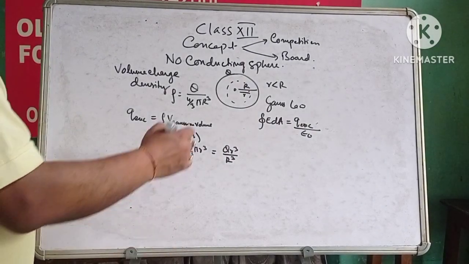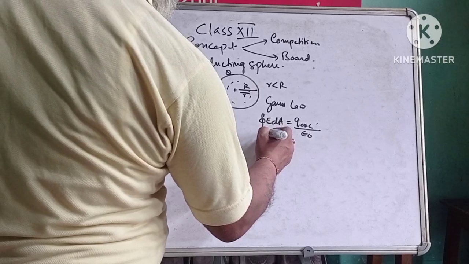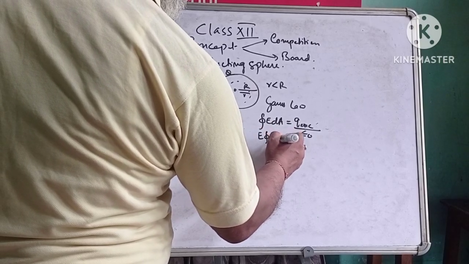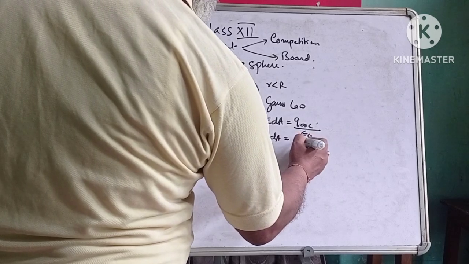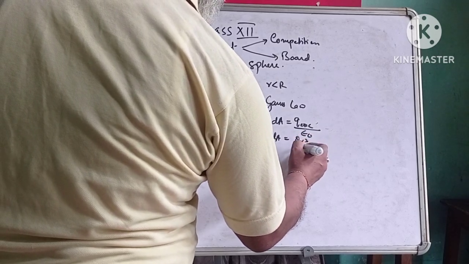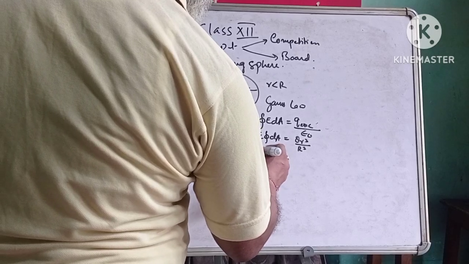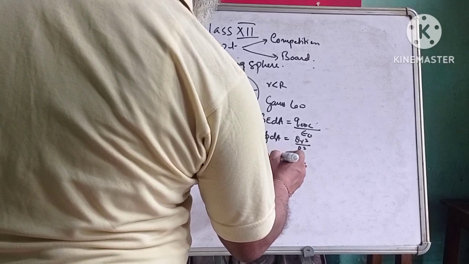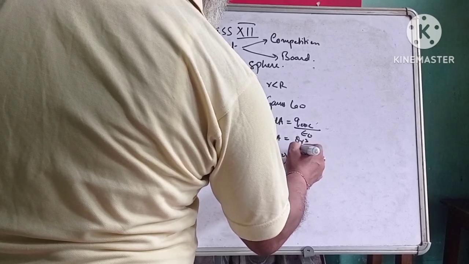So here this is the sphere, so this will be cyclic integral of dA. So this Q enclosed is Q r cube by r cube, and E times 4 pi r square will be equal to epsilon naught.